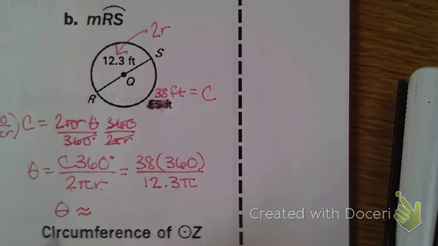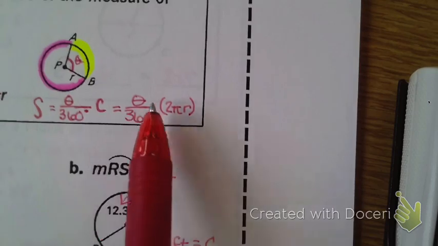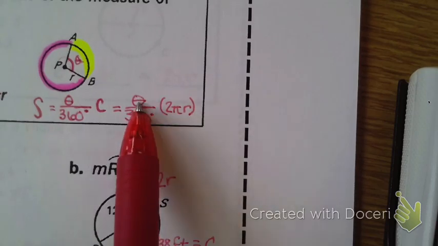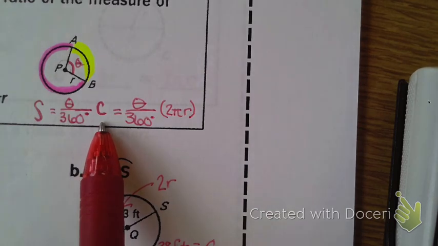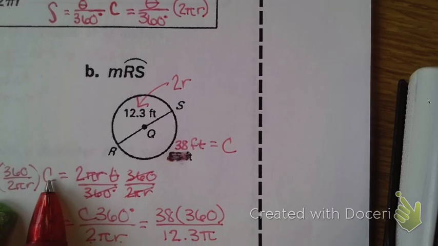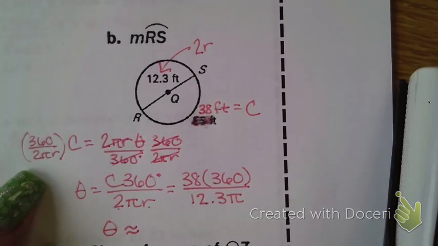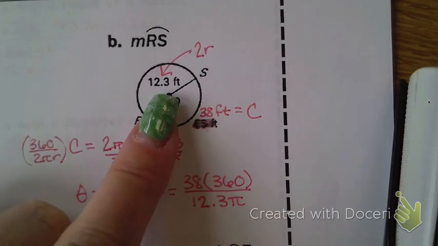Let's see. We took this formula, right? So we have 2 pi r times theta divided by 360 equals c, correct? And then we multiplied by the reciprocal, which would be 360 c divided by 2 pi r. And 2r is diameter. And do we have the diameter? 12.3.